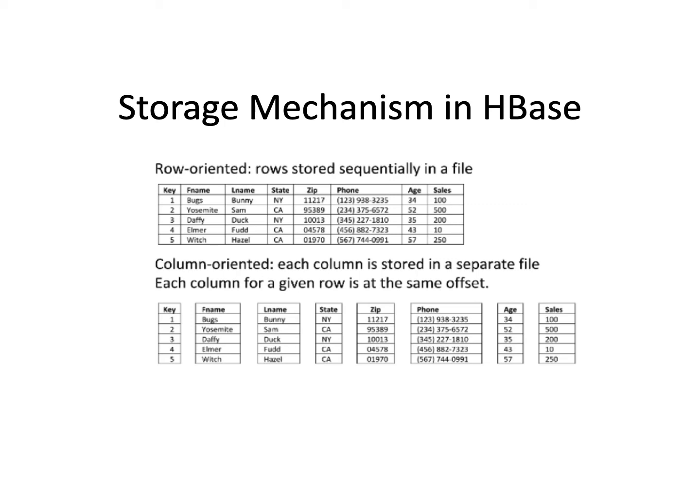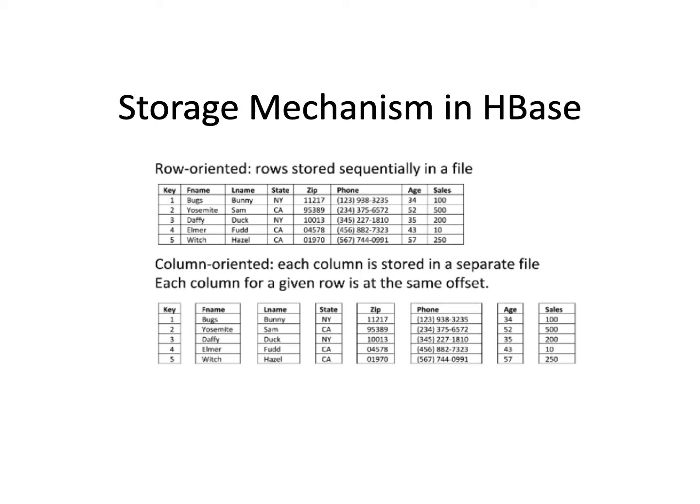The second type of storing mechanism is column oriented. In column oriented storage, all the column values are stored together. The first column values will be stored together, it is just the reverse of row oriented.